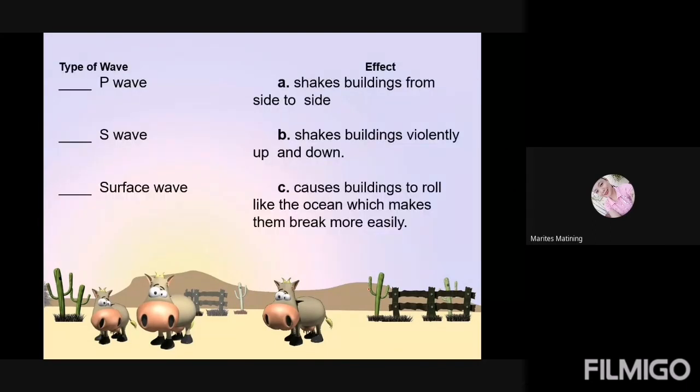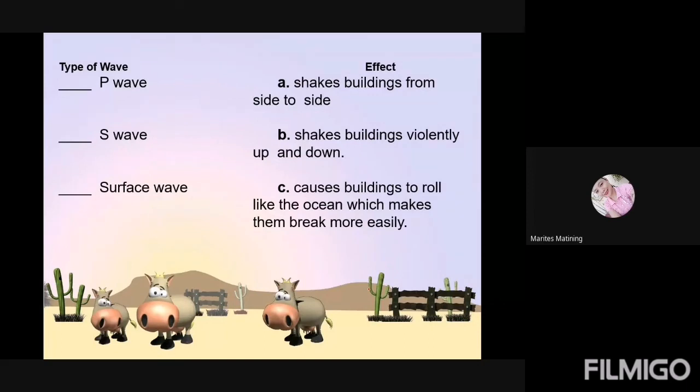Next, how about this one? So, we have here on the left side, the type of the wave. Then on the right side, that's the effect of the waves. Okay? Shakes building from side to side. P waves po. Ayan, side to side. Correct.